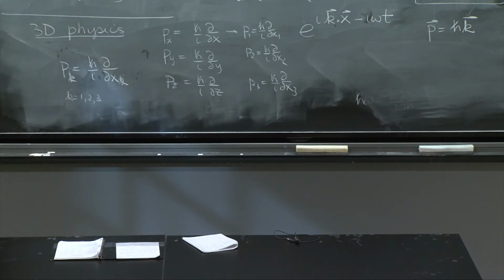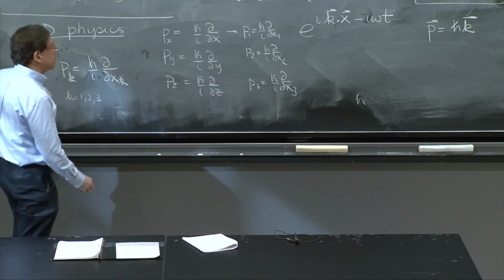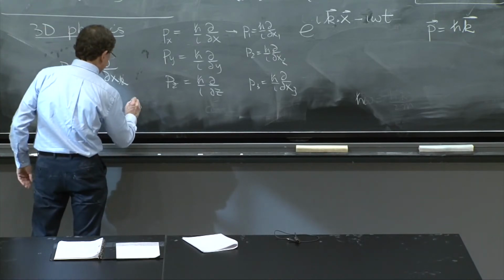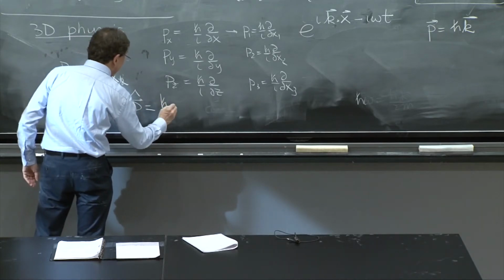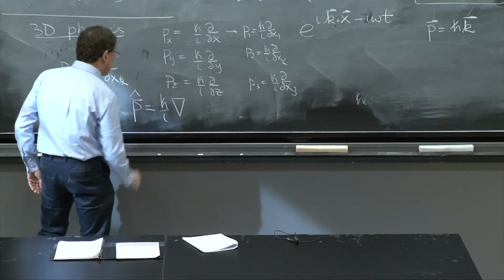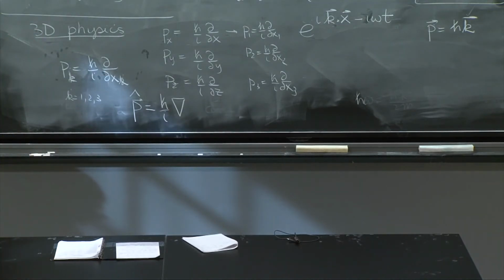So that's the momentum. There are 3 momenta. There are 3 coordinates. In vector notation, the momentum operator would be h bar over i times the gradient. You know that the gradient is a vector operator, it has d/dx, d/dy, d/dz.